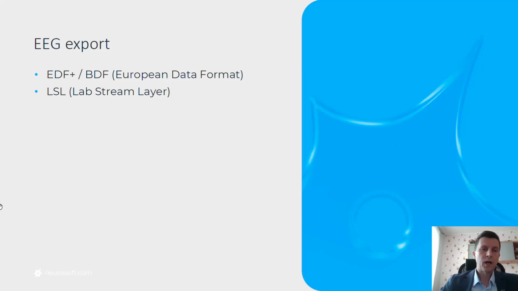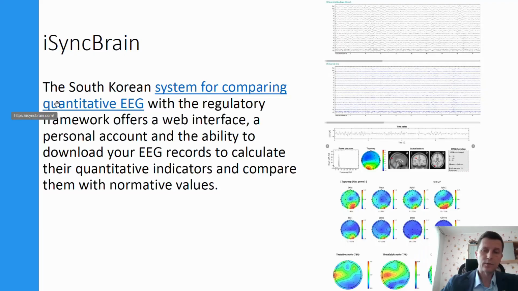In our software, Neurospectrum.net, we have two different formats for export, which are widely used all over the world. They are EDF+, European Data Format, and LSL, Lab Streaming Layer protocol. Using these two export methods, you can export EEG data both online or offline to third-party EEG analysis software.